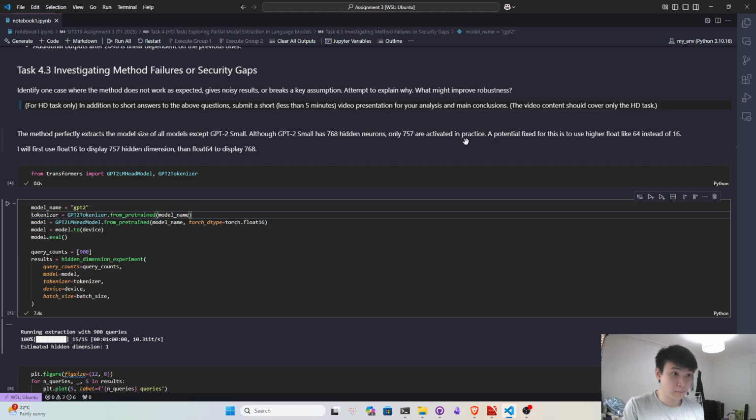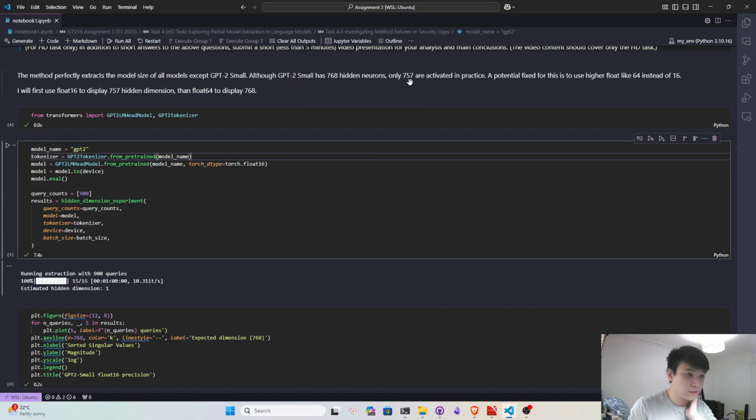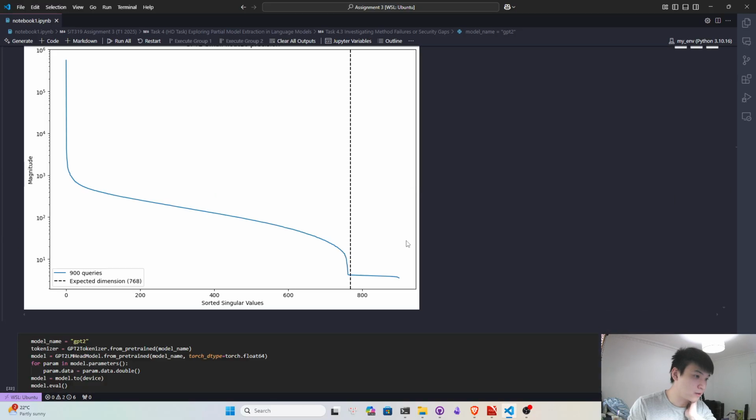activated in practice. So if we use a lower precision like 16, then only 757 are activated. But if we use a higher precision like 64, then all of the hidden neurons will be activated. If we look at this graph right here, because we're using float 16 precision, only 757 are activated.